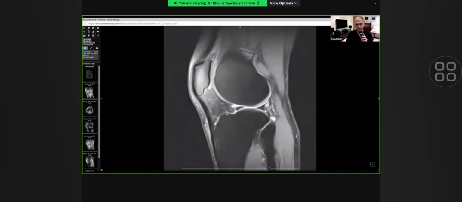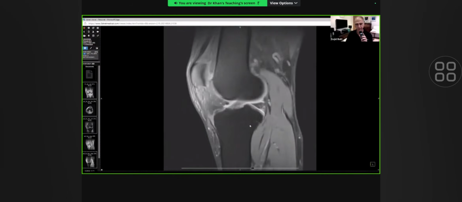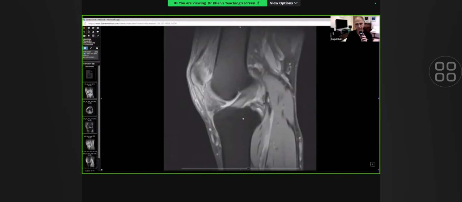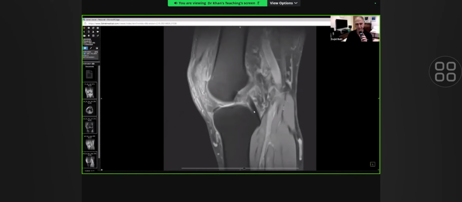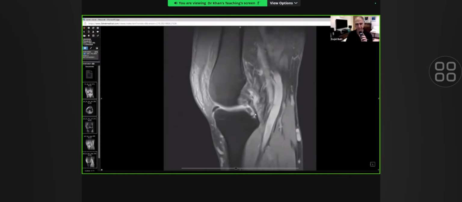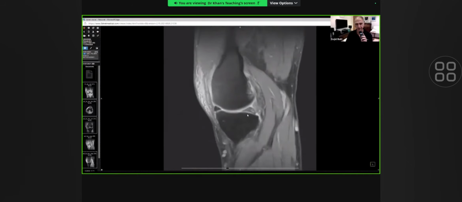We go towards the central and more medial side of the knee joint. Then we've got the anterior cruciate ligament and the posterior cruciate ligament. We've got the start of the medial meniscus, and this is the peripheral part.